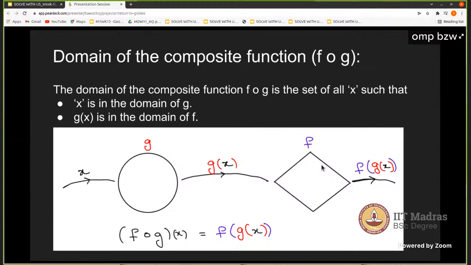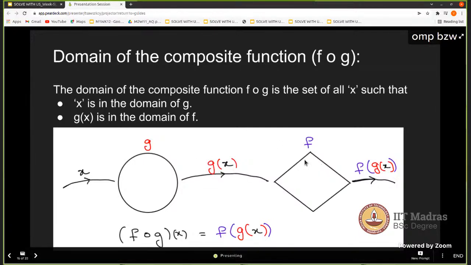So you can see this particular red g of x, if it has to go into this function, it should be in the domain of this function f, and it will come out as f of g of x.